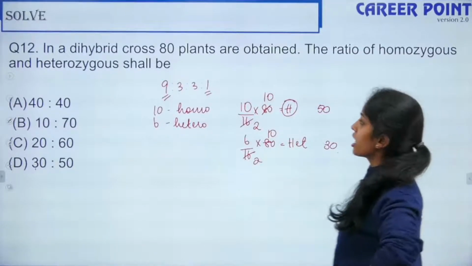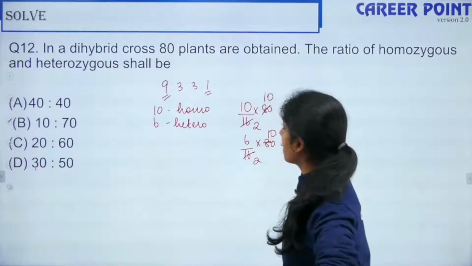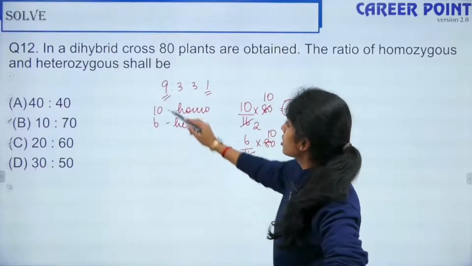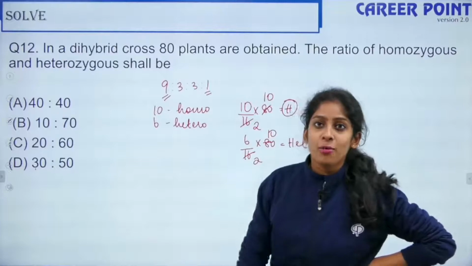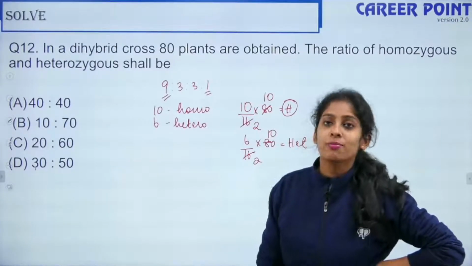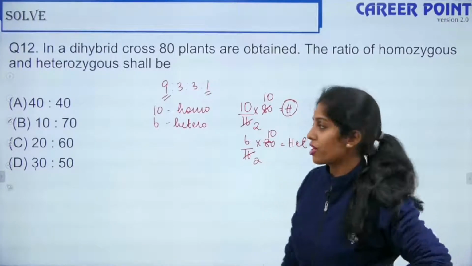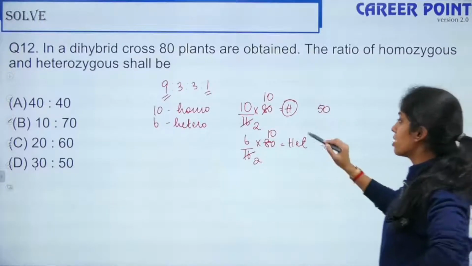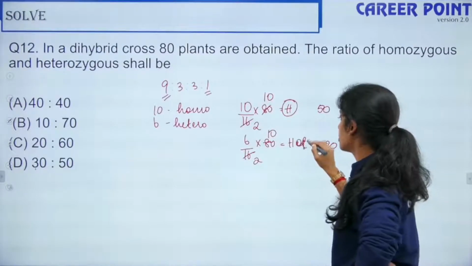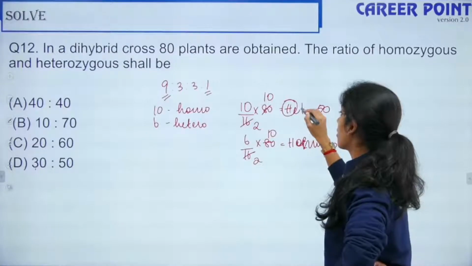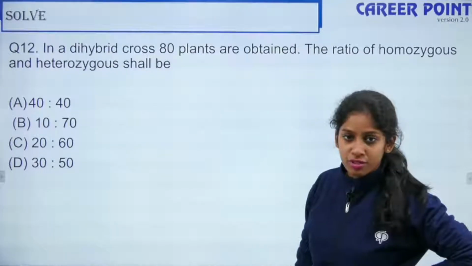So here we are not supposed to consider the phenotypic ratio, we are supposed to consider the genotypic ratio. So it will go vice versa. So your homozygous ratio will be 30 and your heterozygous ratio will be 50 here.